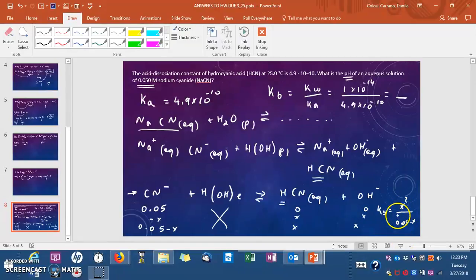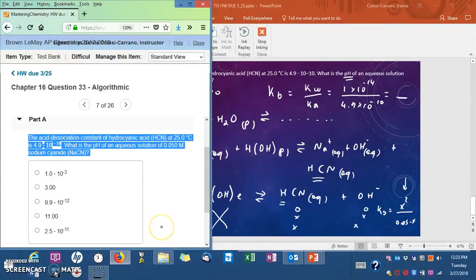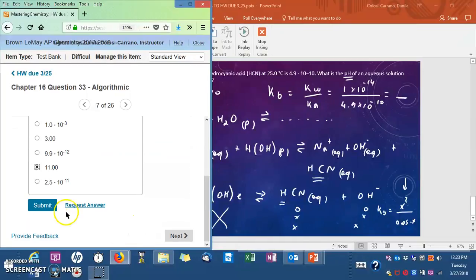Solve for x, and then this is going to give you your pOH, which you got to subtract from 14. When you log it, you'll get the pOH. When you subtract it from 14, you're going to have your pH, which is what the problem is asking for. And if you do everything right, you should have, let's see, 11 is your answer.